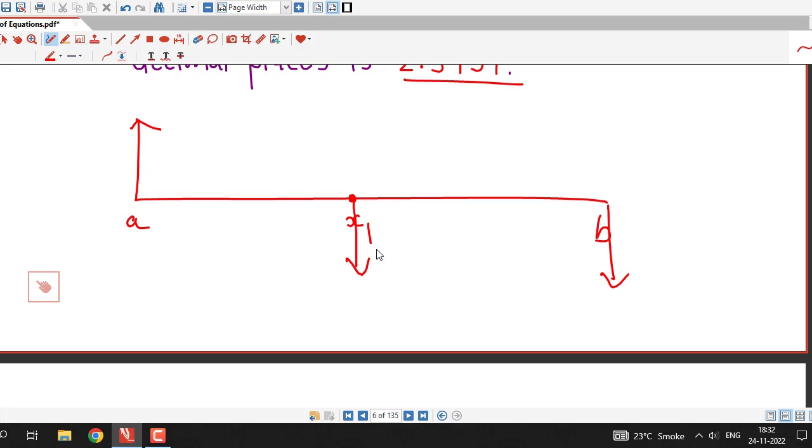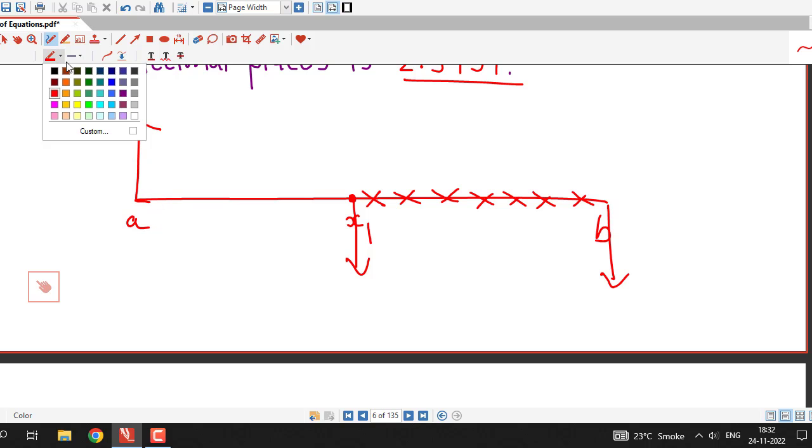Suppose the value of the function at x1 is negative, then the root cannot lie in this part because f of x1 and f of b both are negative. So our search interval becomes this part, a to x1. This is our search interval now. So again we take the bisection of this interval.